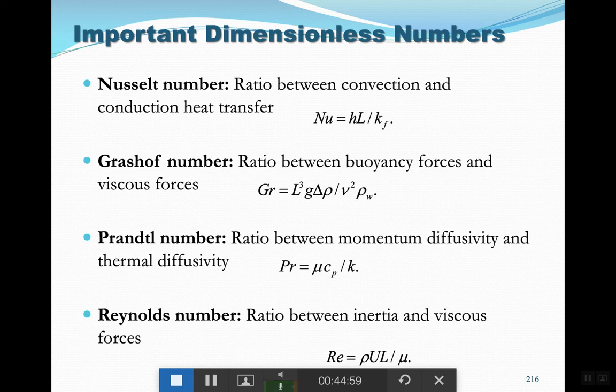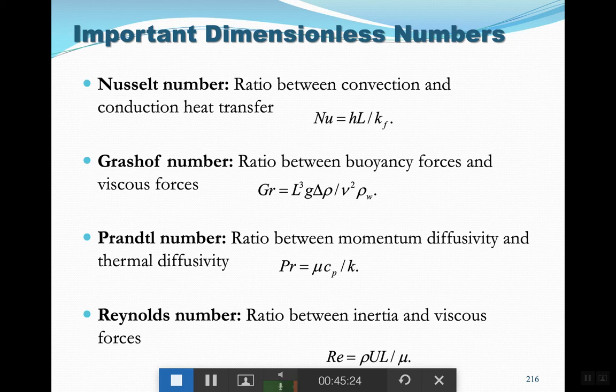Going back to the example of ink inside the water, the momentum diffusivity is how fast the ink itself is diffusing into the system, and thermal diffusivity is how fast the heat from the ink is diffusing inside the system.